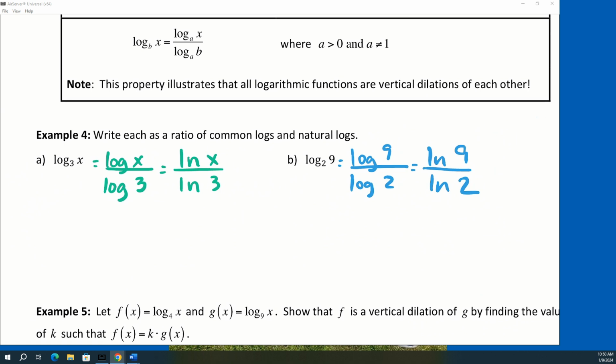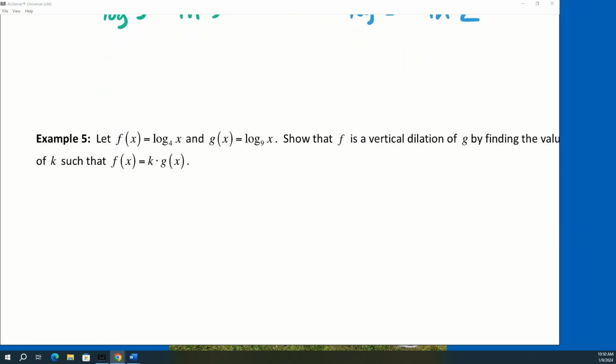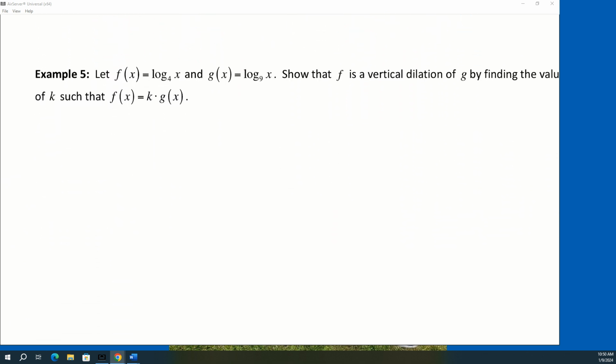All right. And then if you notice in this box, there's another vertical dilation relationship between logarithms. And so that's what we're going to talk about in example 5. So f of x is log base 4 of x. g of x is log base 9 of x.